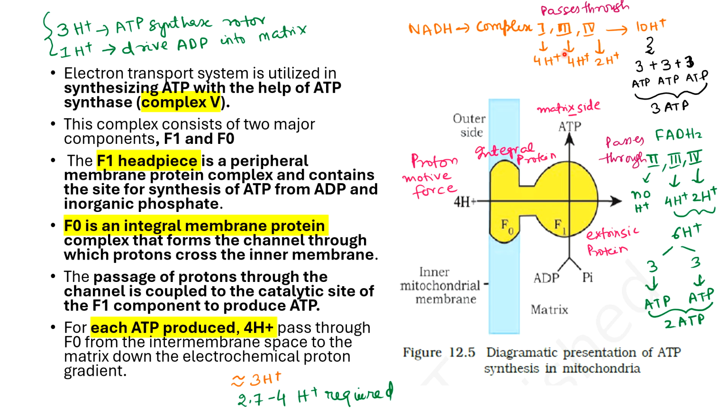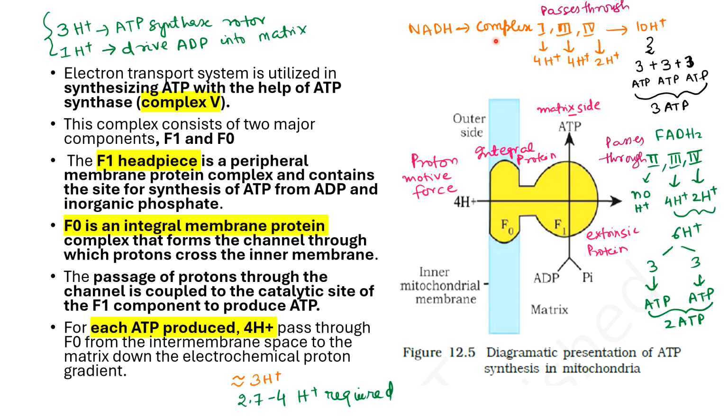So let's see how many ATPs are produced from NADH. So roughly about 3 ATPs are formed from NADH. It is mentioned that for each 4 H+ ions, ATP is produced, but approximately 2.7 to 4 H+ are required to make a molecule of ATP.